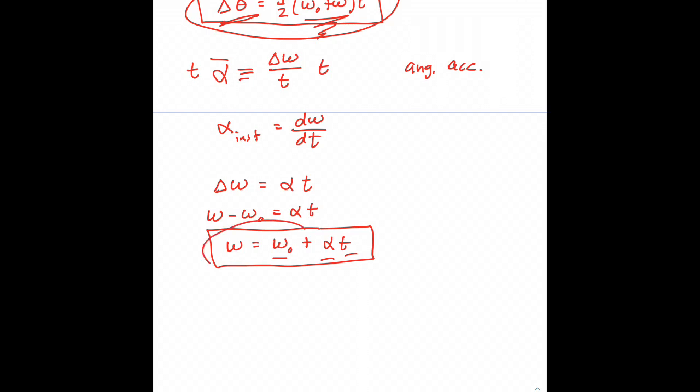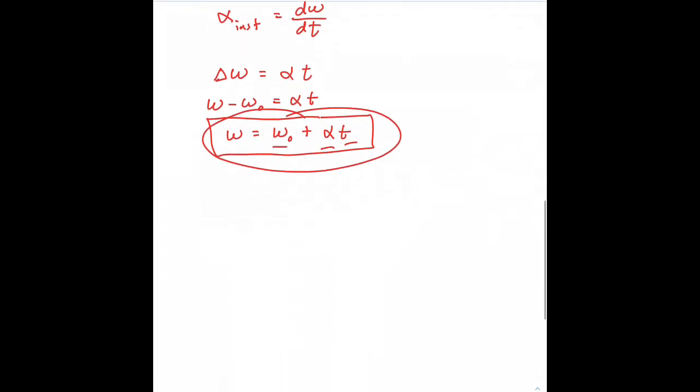If we find a way to combine the two equations, we can make two more kinematics equations. There's a kinematics equation that says the angular displacement can be found by multiplying the initial angular speed times time and adding to it 1/2 angular acceleration times time squared. Notice the similarity between that equation and the equation for linear motion that says linear displacement is equal to initial velocity times time plus 1/2 a t squared.